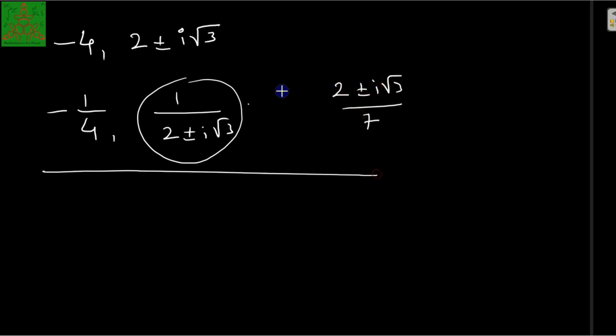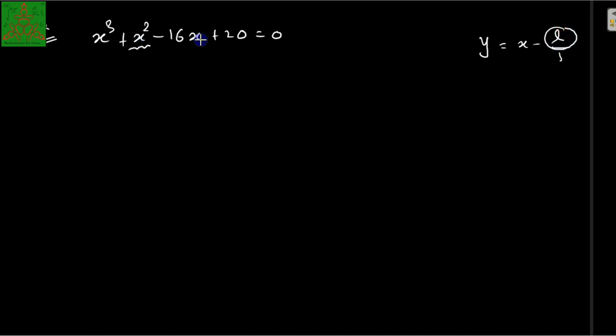Let's do one more example. Let us solve x cube plus x square minus 16x plus 20 equal to 0. Here, to apply Cardan's method, we first have to eliminate the term with x square. So we have to replace y equal to x minus L by 3, but the value of L is 1 here, so y equal to x minus 1 by 3, which is a fraction.